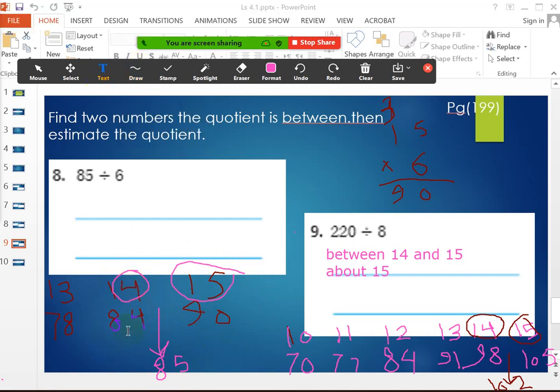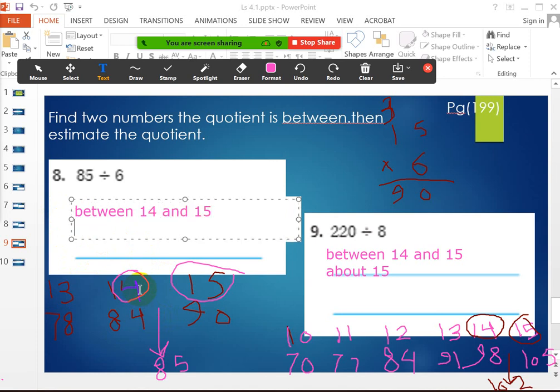That means the quotient will be about 14.